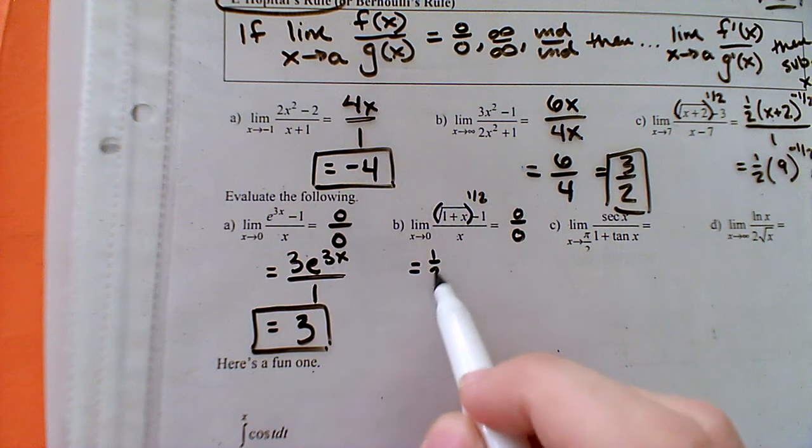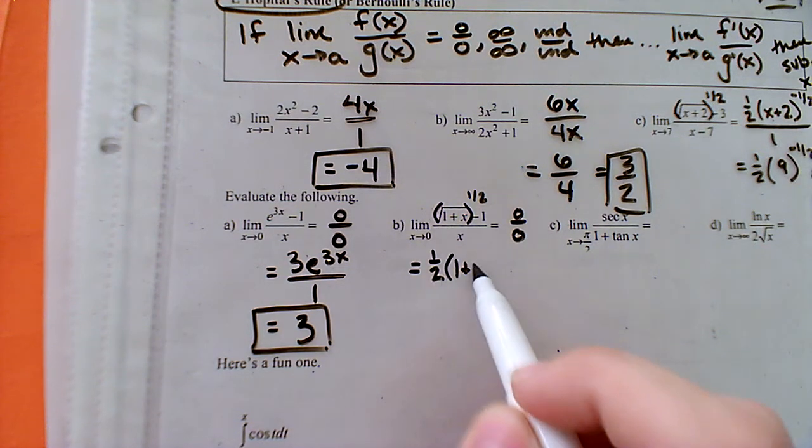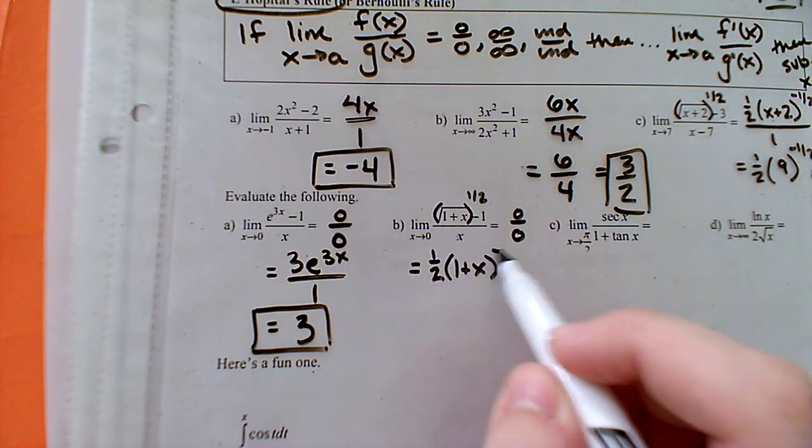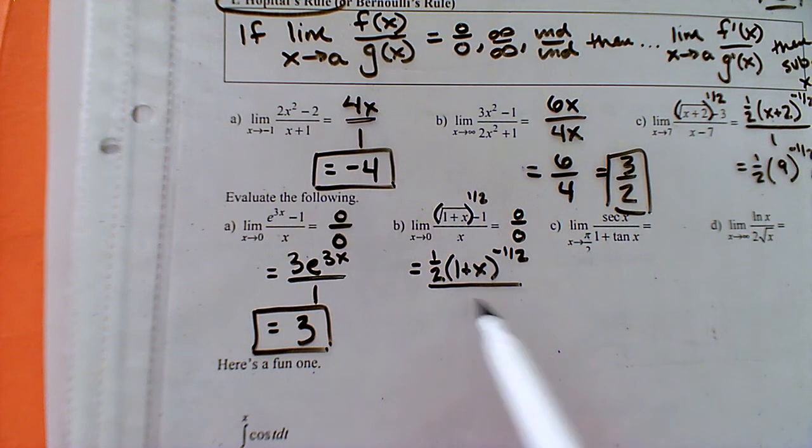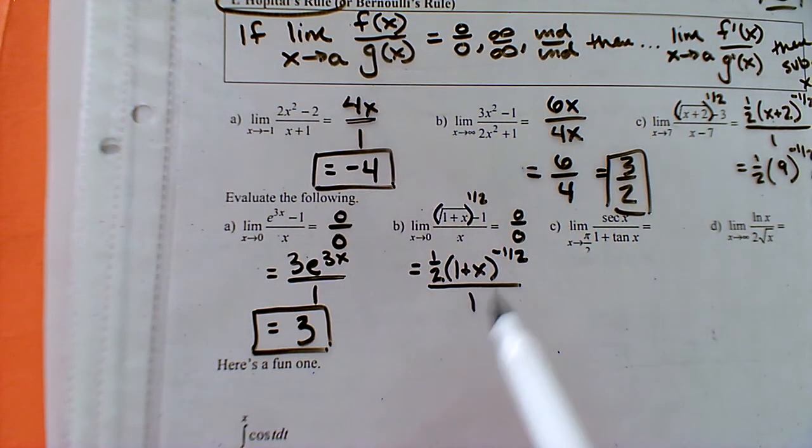Using our chain rule, we'll have 1/2, (1 plus x) to the new power of negative a half, times the derivative of the inside, but that's going to be 1 anyway. What about the derivative of the bottom? We just have 1.